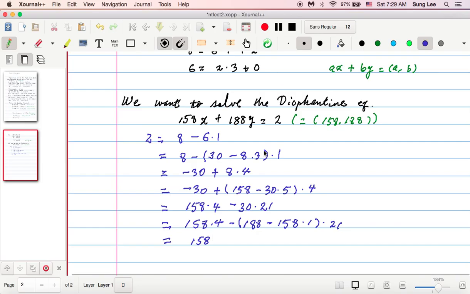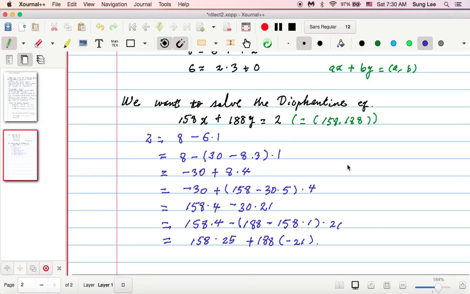So together, that becomes 158 times 25, right? Plus 188 times negative 21.